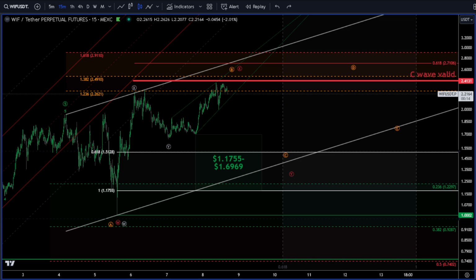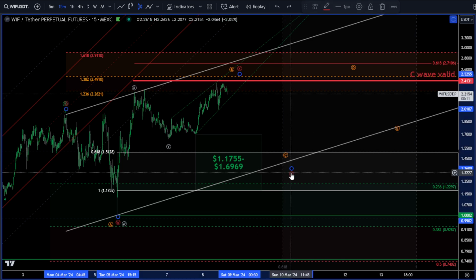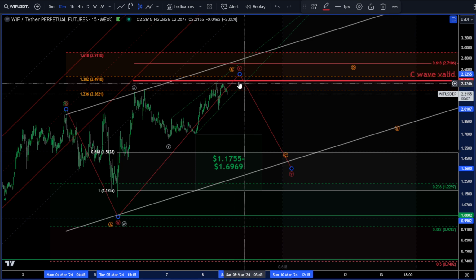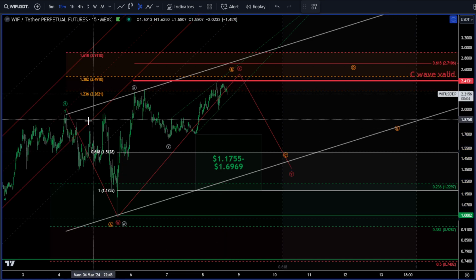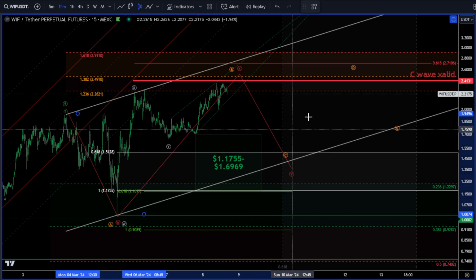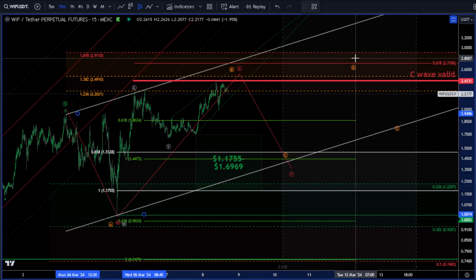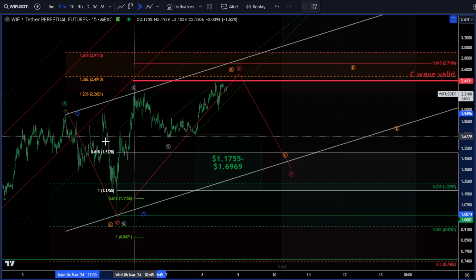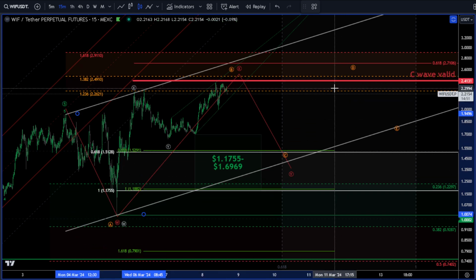Now the two I think are most probable now is we make a running flat, which when this correction ends, whenever it ends, we will pull our fib from our W wave off our X. We're pretty much in the ideal zone now between the 1.236 and the 382 of this W wave to the downside.